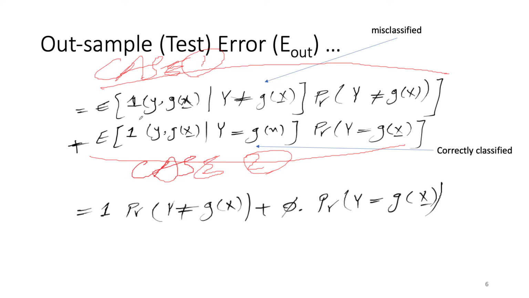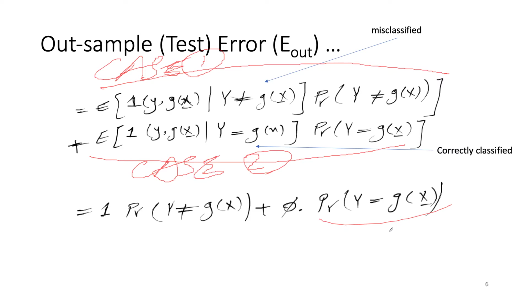So the output of this expansion would be simply the first one, the identity, the probability that y is misclassified, plus 0 multiplied by the probability of correctly classified cases.